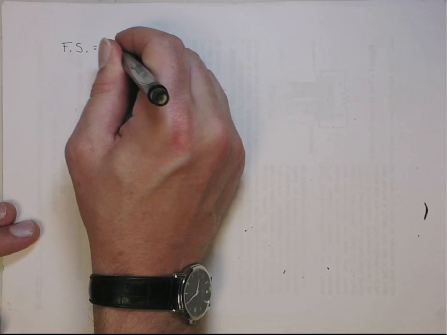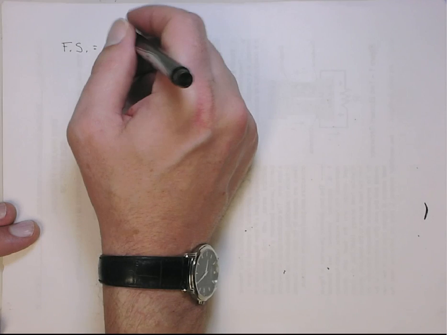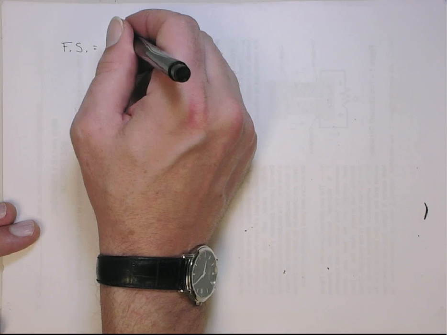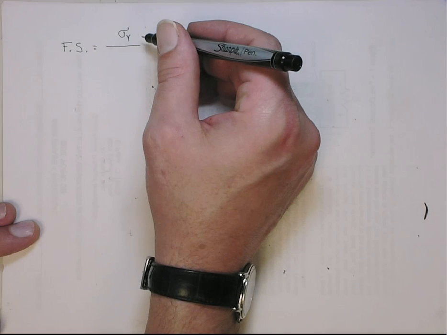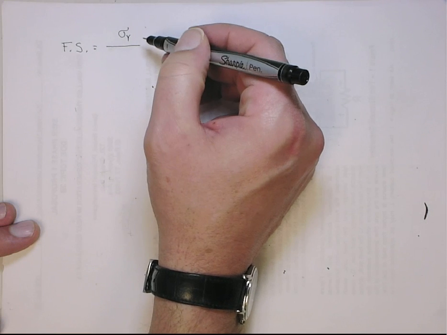is defined as the allowable stress, or in this case, the theoretically maximal stress, the yield stress in this case, because we're designing to yield. You can also do factor of safety to failure, and then it would be the failure strength, which would be more.